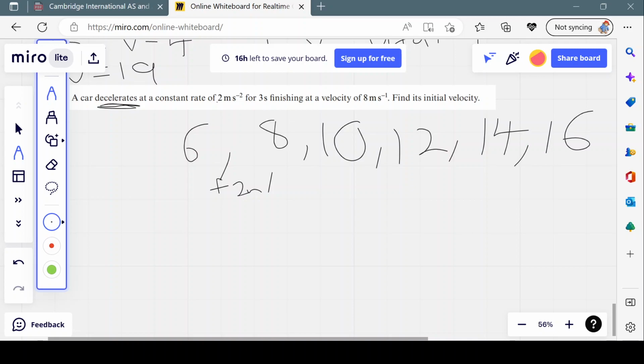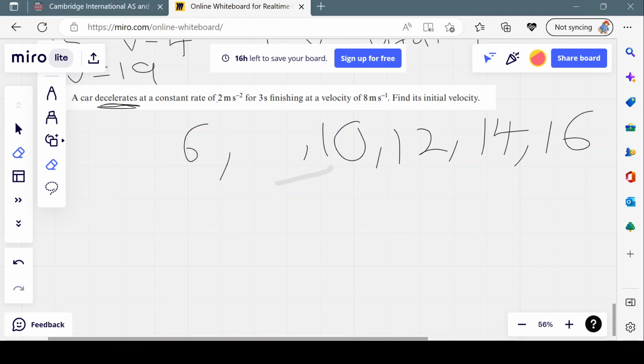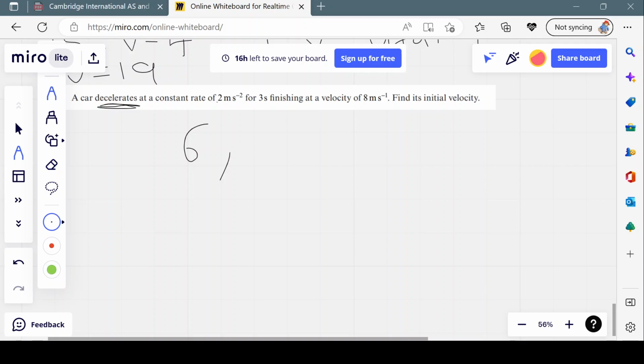But as we know, they told us that this car is actually decelerating, which means it's slowing down. So if it started out at 6, the speed should not be increasing, it should be reducing. This is just a hypothetical, it doesn't actually start out at 6. So it should go 6, 4, 2, then 0, so it's actually stopped, then -2.